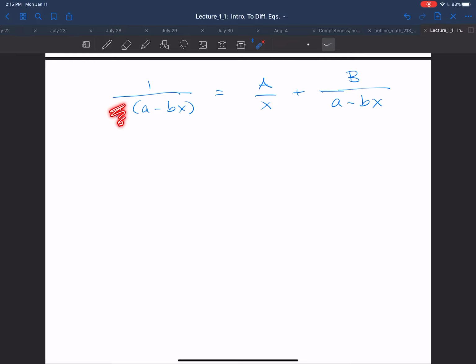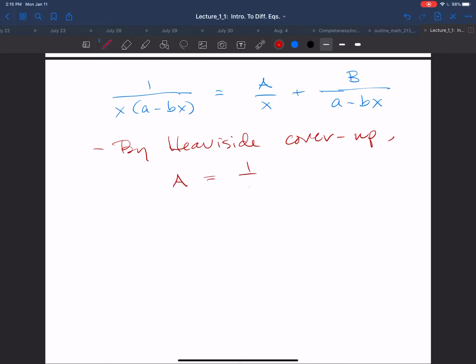So cover that up and then set x to 0. This will just give you 1 over little a. So by the Heaviside cover-up method, we have A equals 1 over little a.